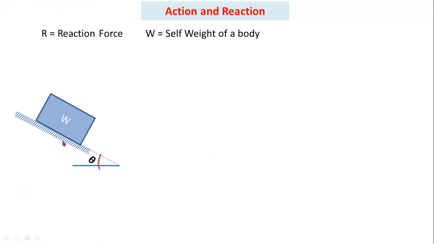Here theta is called the angle of repose, or angle of inclination. Now we are placing an object on the inclined plane. Now you have to observe action and reaction. How to consider action and reaction?